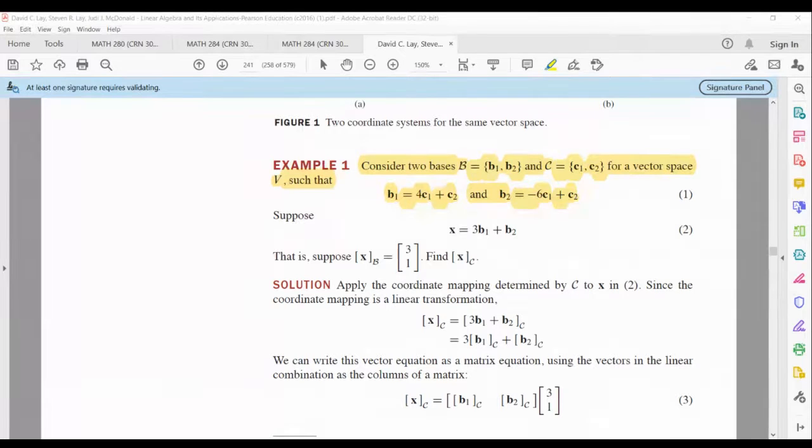So that's how b1 and b2 are connected. Those vectors are connected to vectors c1 and c2.